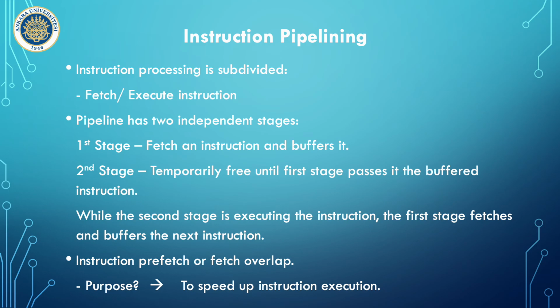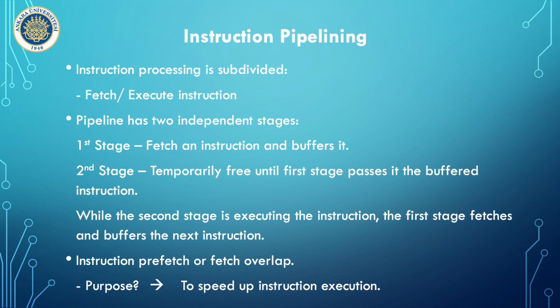Let's pass to instruction pipelining. It's basically a technique used to improve the throughput of a processor. Instead of waiting for one instruction to complete all stages before starting the next one, the CPU overlaps different stages of multiple instructions.